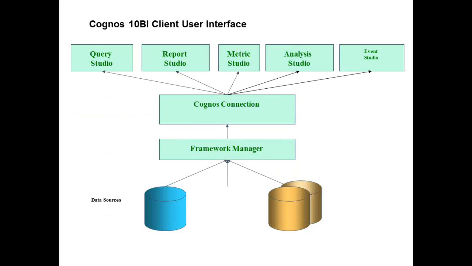So this is how the user interface will be, and the data sources will be there. I'll explain the flow of how we build a report. For example, if a user has requested a report and given a template, the first step after seeing the requirement is to check whether that particular data is available in the database.